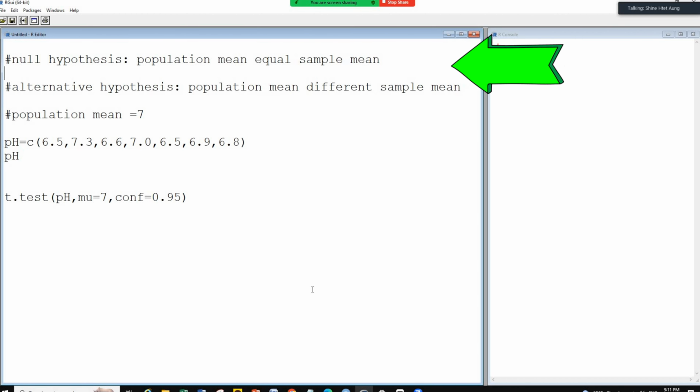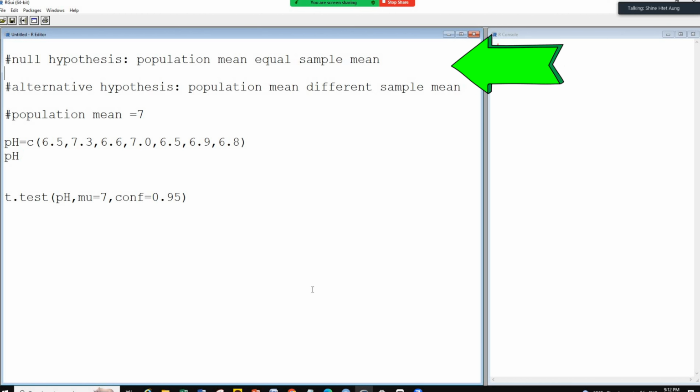That means the standard value of drinking water pH 7 and the collected pH data from the whole country are the same. The alternative hypothesis is that the population mean is different from the sample mean. After calculation, we will determine which hypothesis is correct.